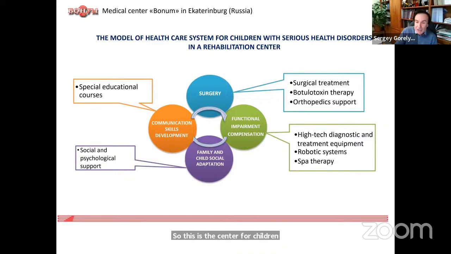They provide in one center surgery, functional impairment compensation, family and child social adaptation, and communication skills development. Thus, they provide special educational courses, surgical treatment, botulinum toxin therapy, orthopedic support, high-tech diagnostic and treatment equipment, robotic systems, spa therapy, as well as social and psychological support.